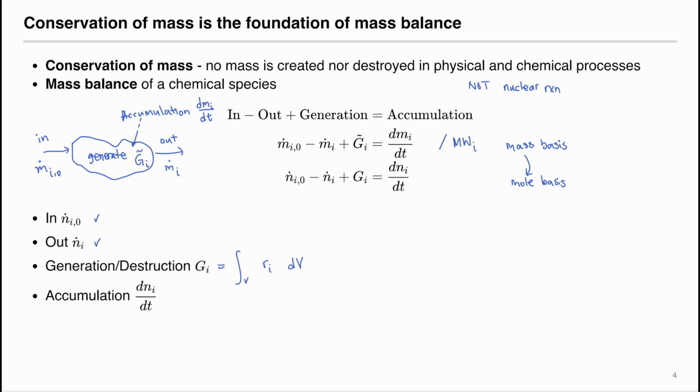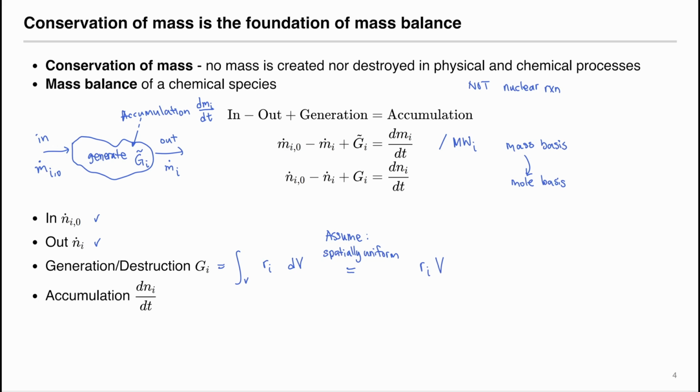However, if we make the assumption that the reactor is spatially uniform, then we can get that reaction rate is independent of volume, that we can take it out, and the volume is V. The generation term would be the reaction rate multiplied by the volume.